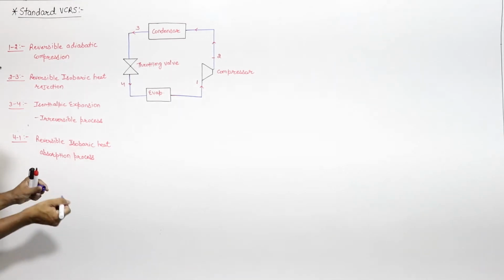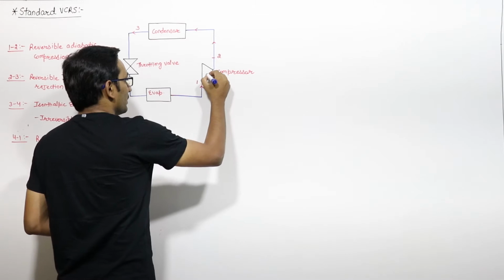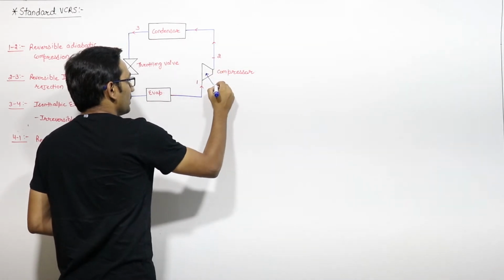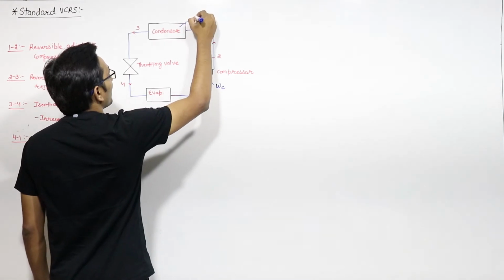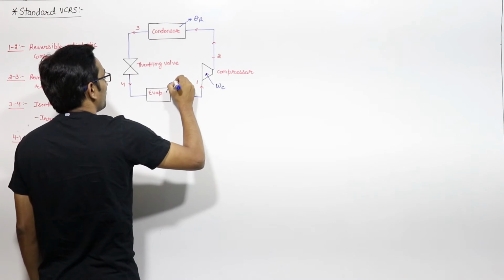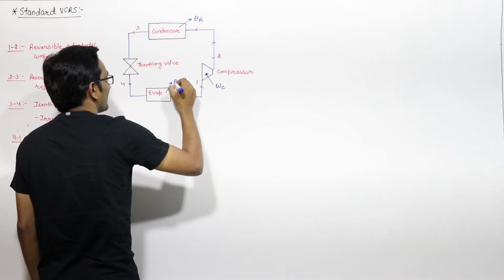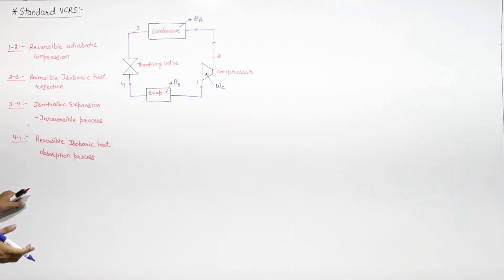In the compressor we have to do some work. Let us say the work consumed by the compressor is WC, the heat rejected by the condenser is QR, and the heat addition in the evaporator is QS. Generally this is heat supply. Now in the throttling valve, you know that in the throttling process there is no work done.